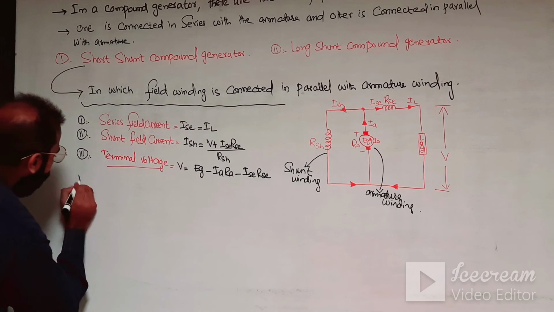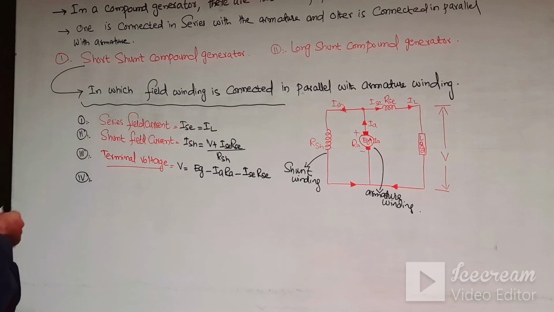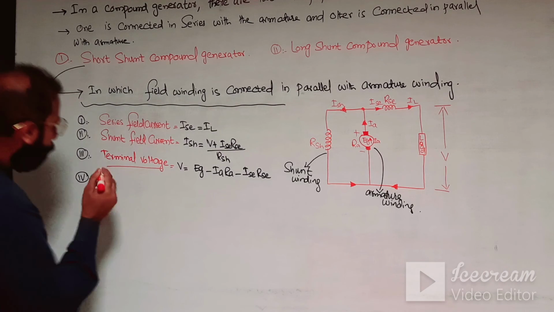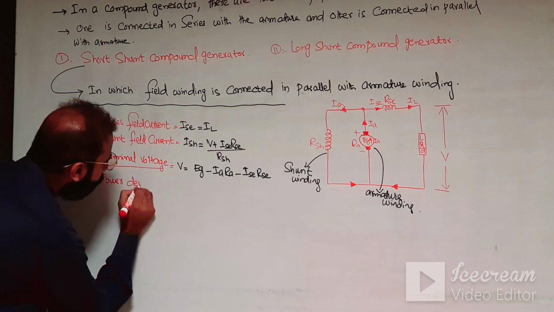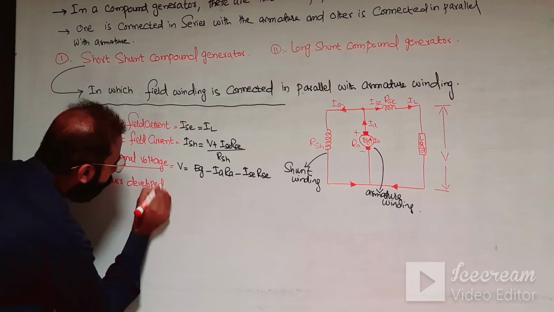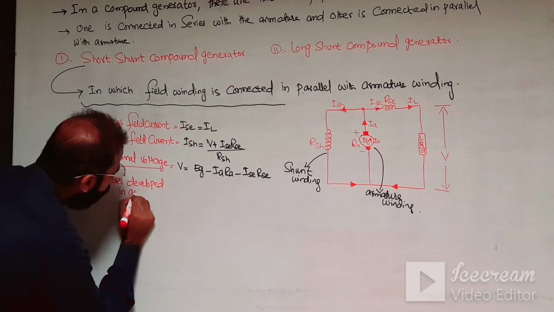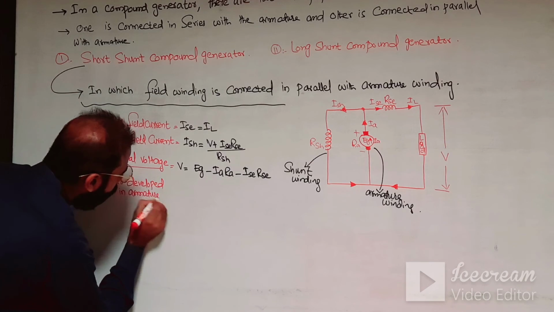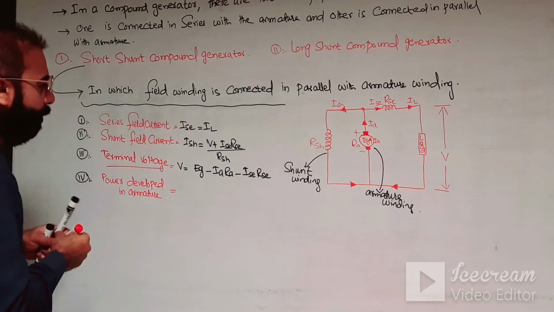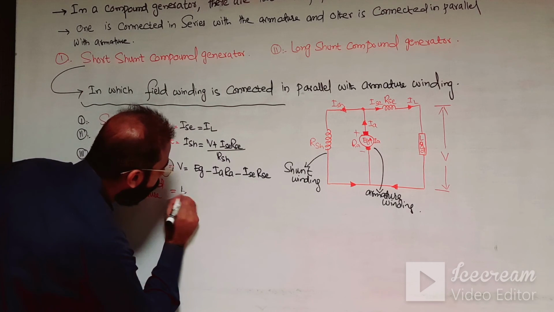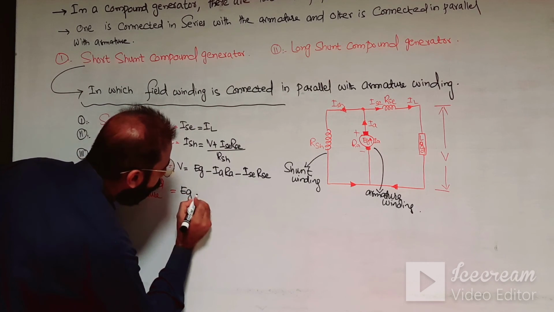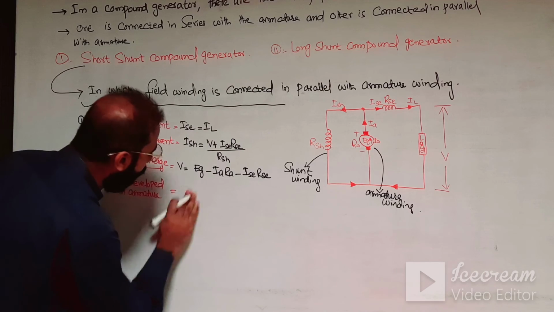Number 4th is the power developed in the armature. So as we know, the power is the product of the voltage multiplied by the current. So here, power developed in the armature.